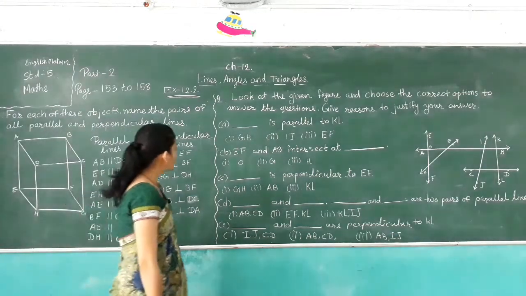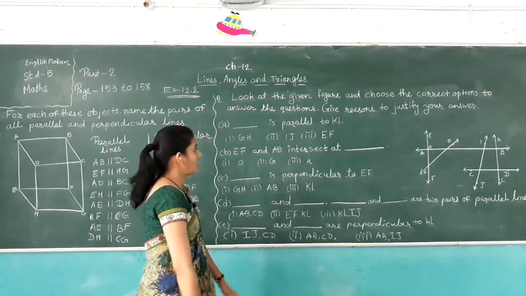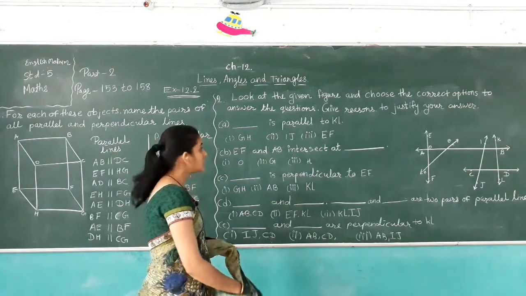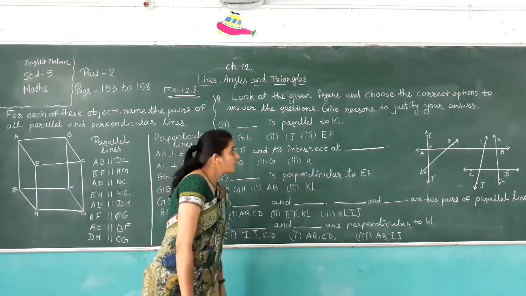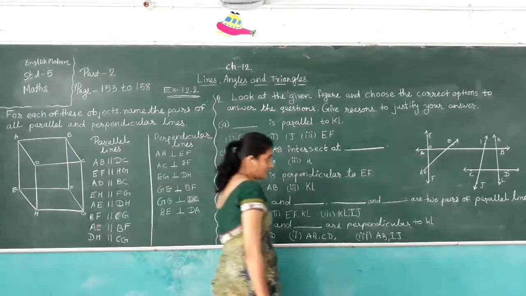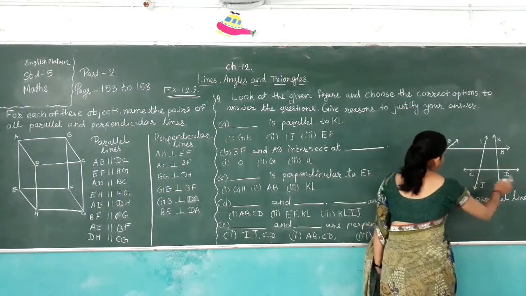Now next question. Look at the given figure and choose the correct option to answer the question and give reason to justify your answer. Look here, some lines are already drawn. AB parallel to CD.